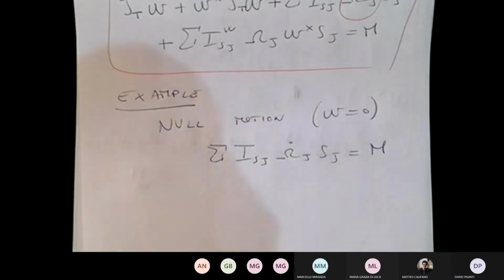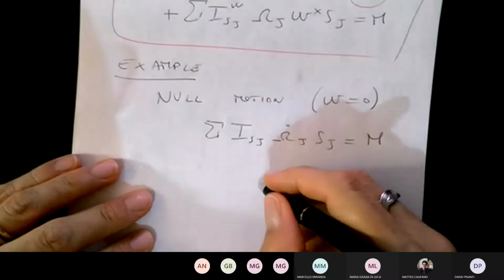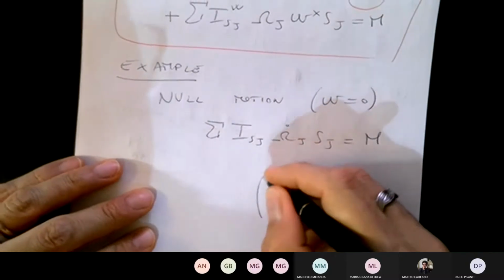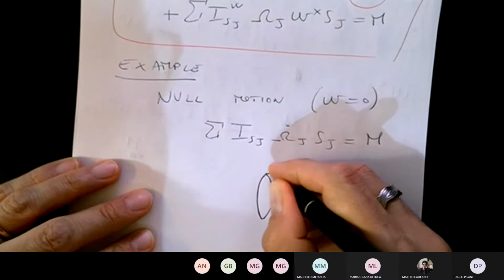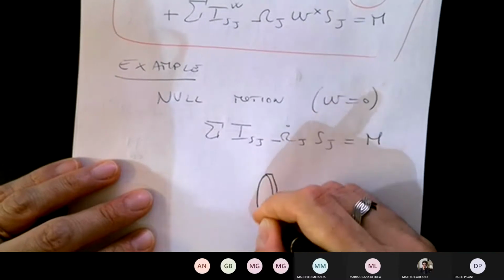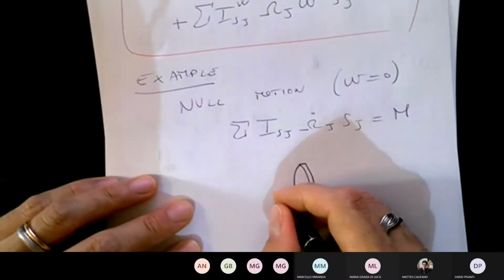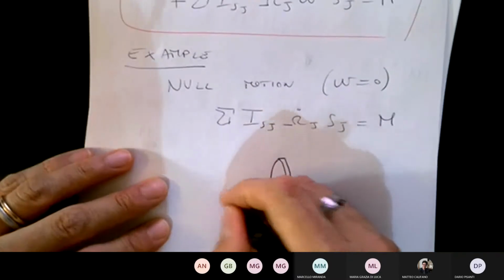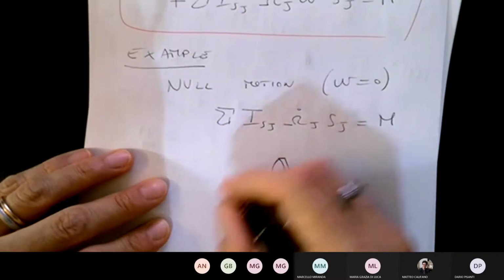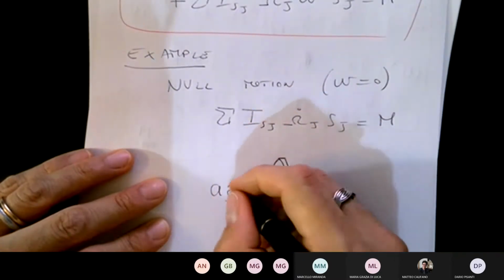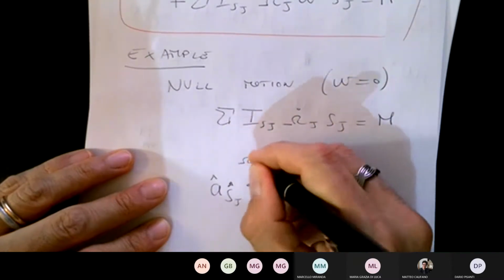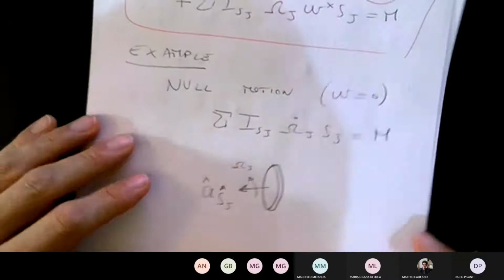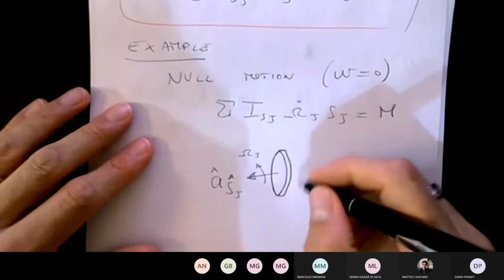Now these wheels, as we said, they are physical systems. They are discs mounted on your spacecraft. Okay, they spin about the S axis. Actually, we call this AS. Okay, this is the omega j, and they're mounted inside the spacecraft.